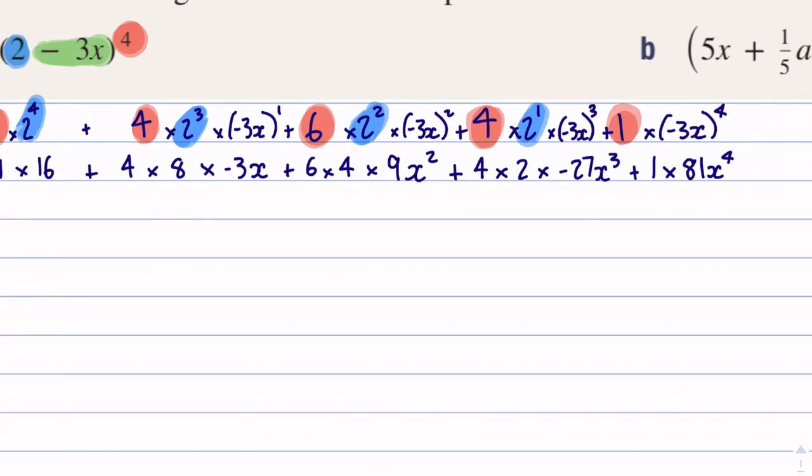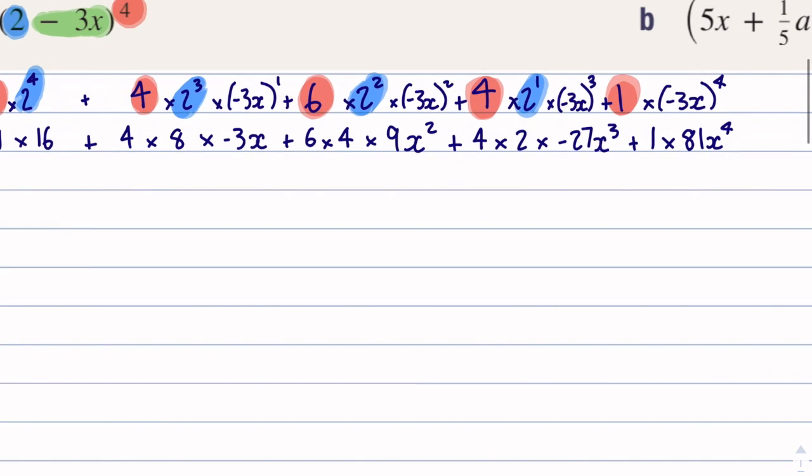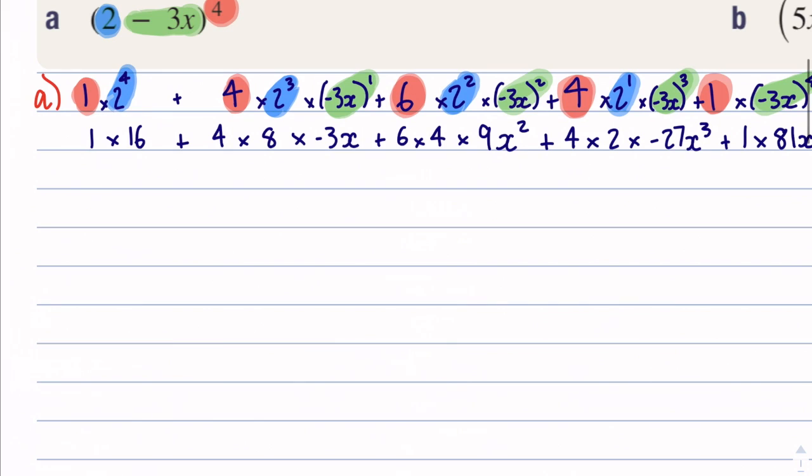Alright, I'm just going to highlight these ones so people know where that came from. No point colour coding some things and not others. Okay, now let's actually figure out what we got. We've got 1 times 16, plus 32 times 3, or 96x.